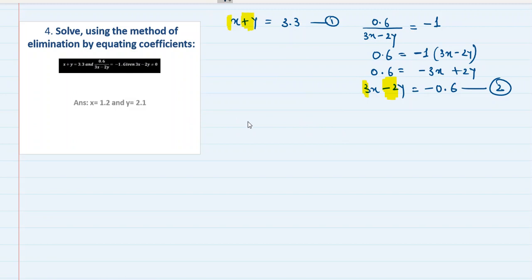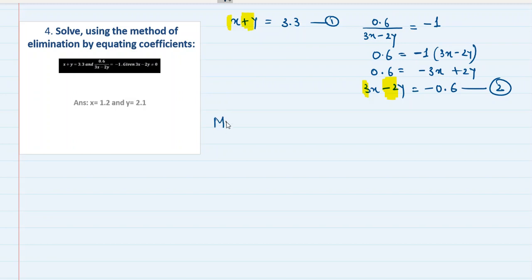Okay, now what? See, here the coefficient of y is minus 2. Here the coefficient of y is plus 1. So I have to make this coefficient in equation 1 as 2.